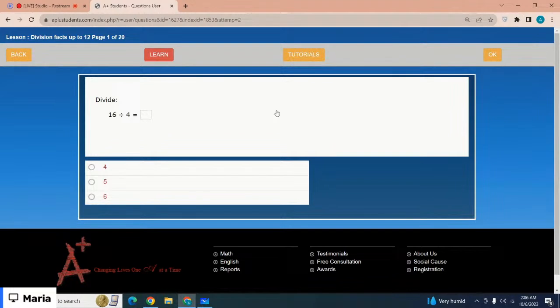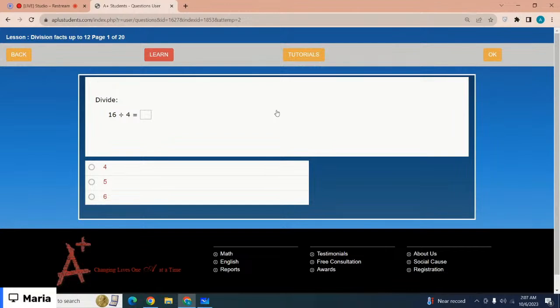Which option is the correct one? 4 times 4 makes 16, so the correct option is 4.